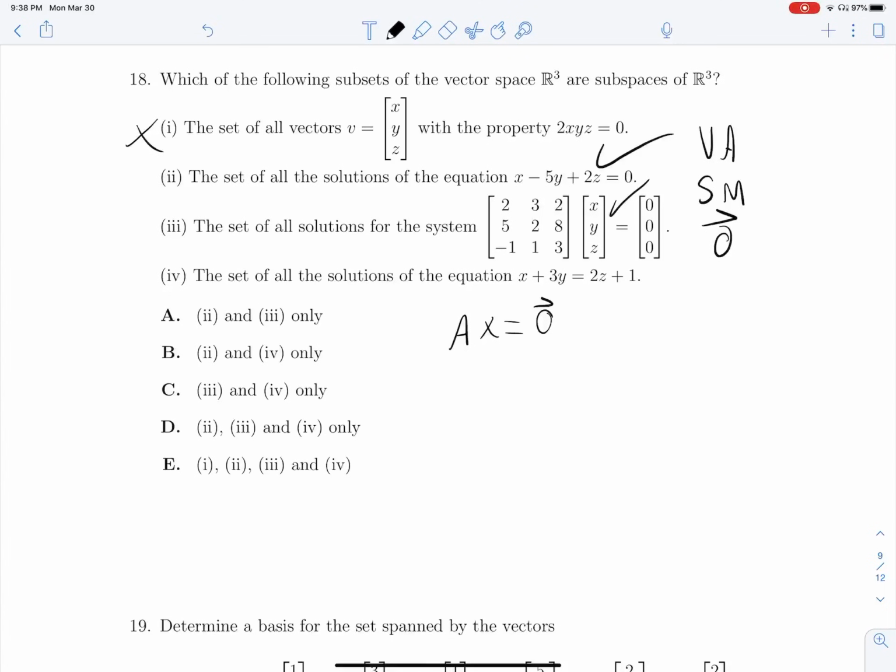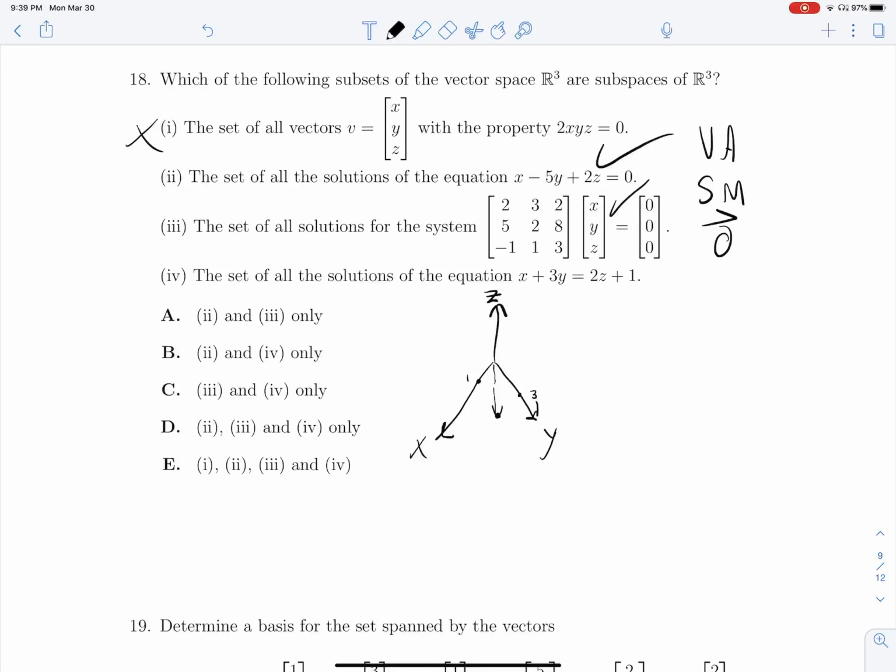What about 4? The set of all solutions to this plane right here. Well, no, that is no good at all because it does not pass through the origin. If we were to graph this in the first octant extremely sloppily, we would see that it crosses the x-axis at x equals 1, the y-axis at y equals 3, and the z-axis at z equals -2.